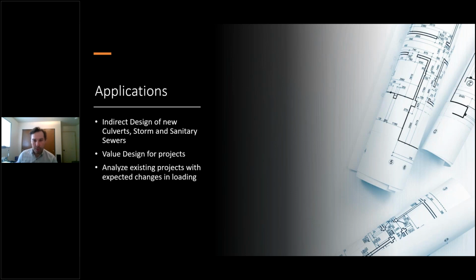This is obviously where we'd recommend it to get ahead of it, both for culverts, storm, and sanitary sewers. It can also be used to value design projects. So if you know what your installation type is, you can actually engineer that pipe class for the specific installation. And then we can also analyze existing projects with some expected changes in the loading.